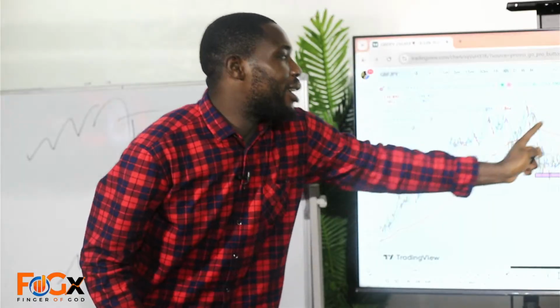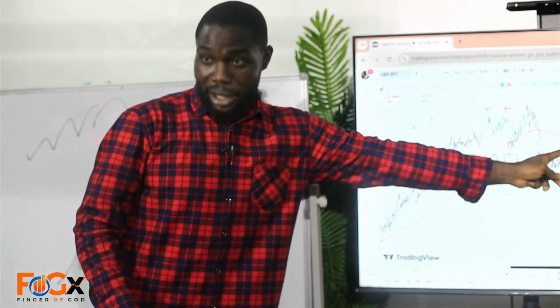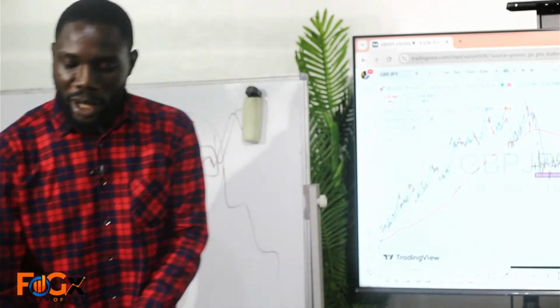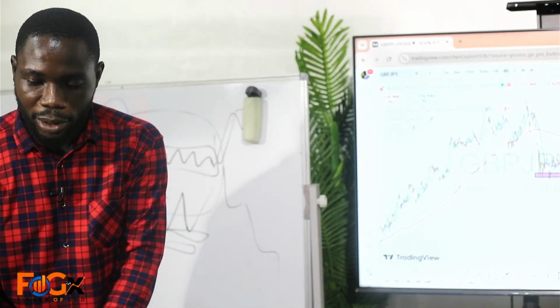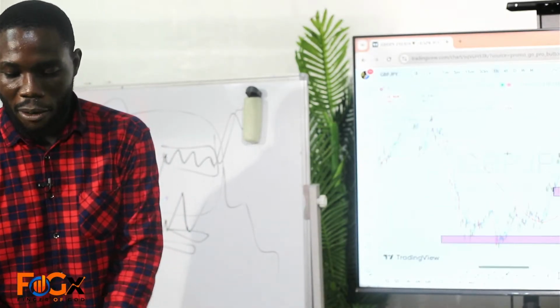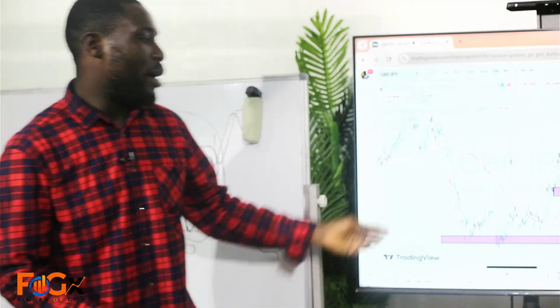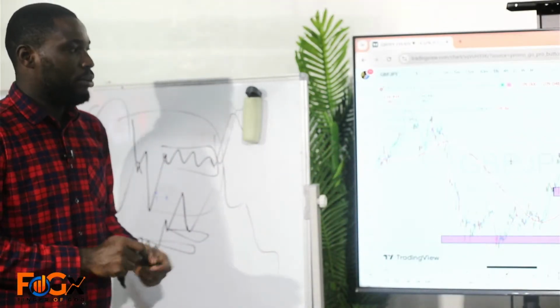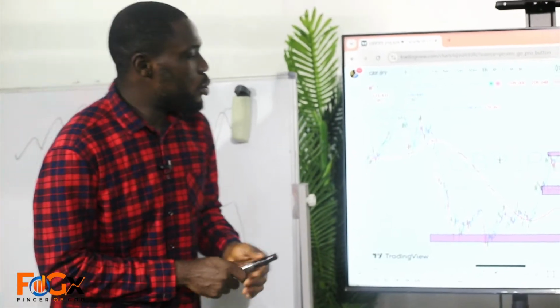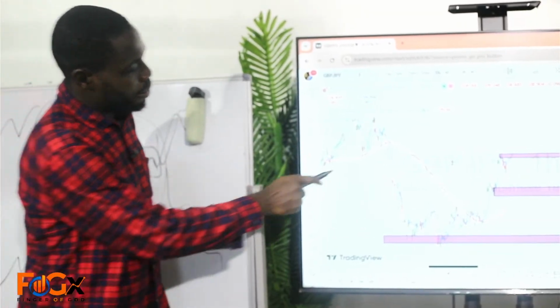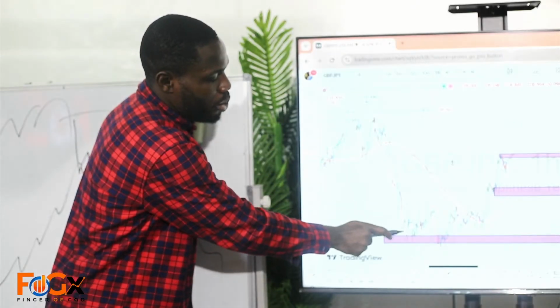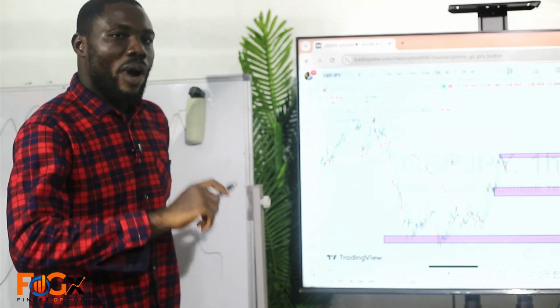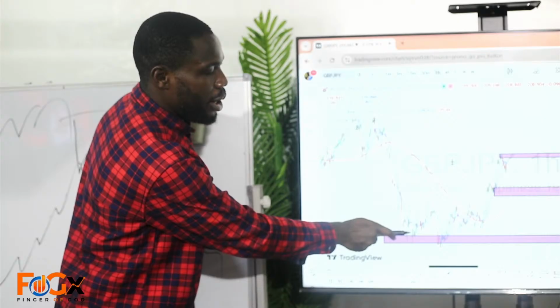We've come back into that same range. Now, if we go to a lower time frame, like the 1 hour, which is still our anchor time frame, we can see that we've reversed. So let me put it to you like this. If I were to pick a sell from here, and I took it all the way down here, it is quite different from picking a buy from here.